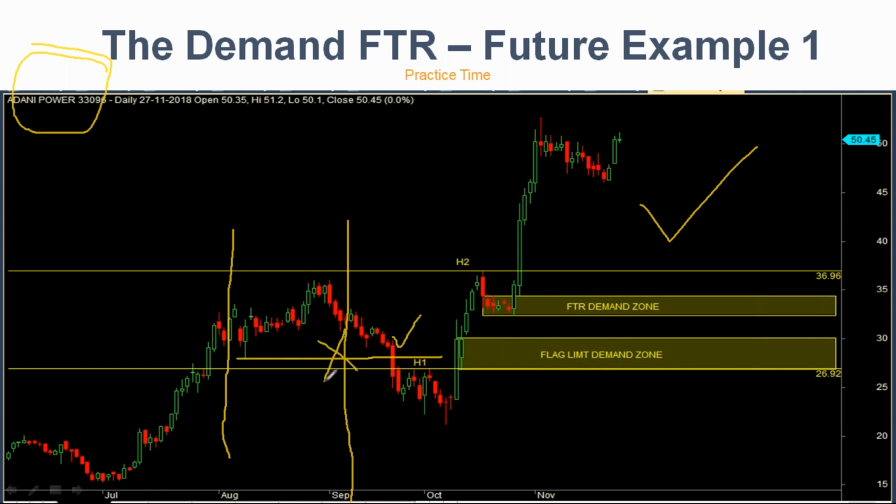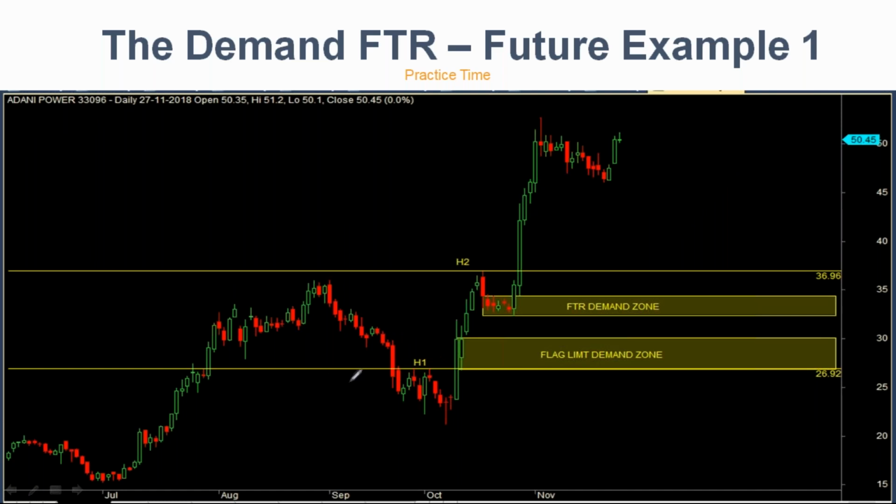There is no supply flag limit here. End of September. What has happened at the end of September? Prices calmed down and it went up. I don't see any zone there. September is only this much, no?